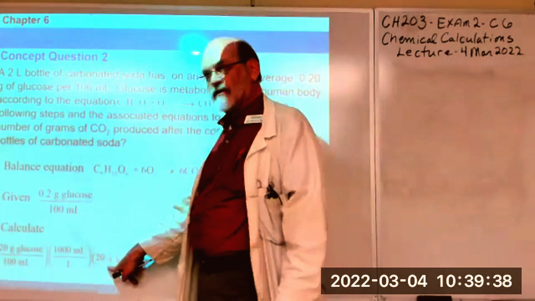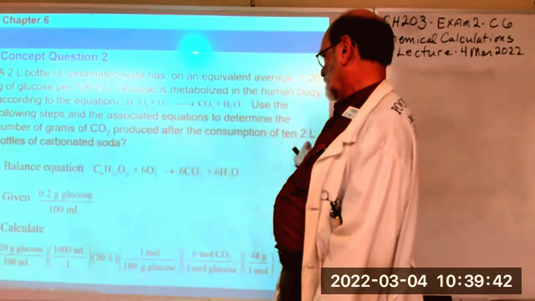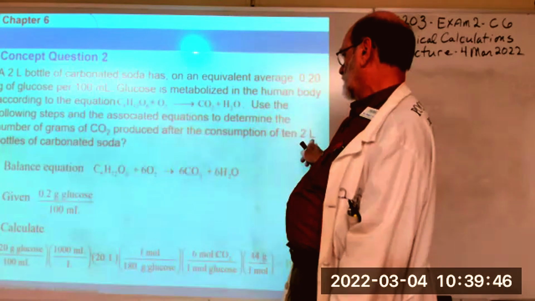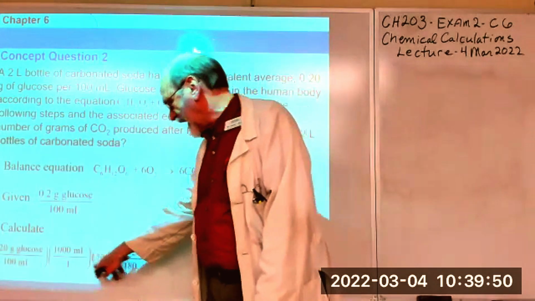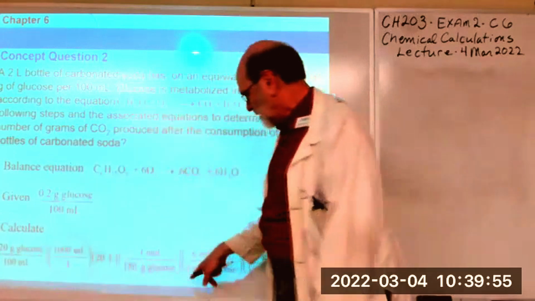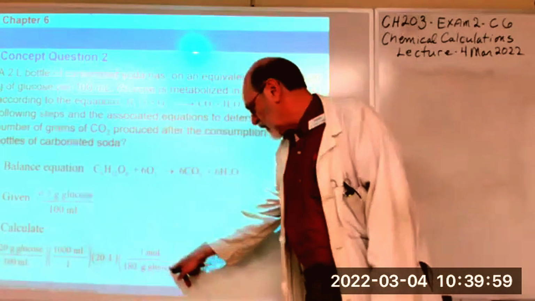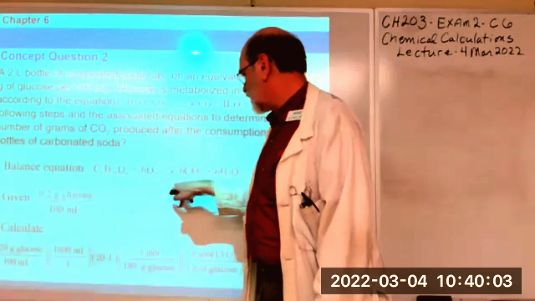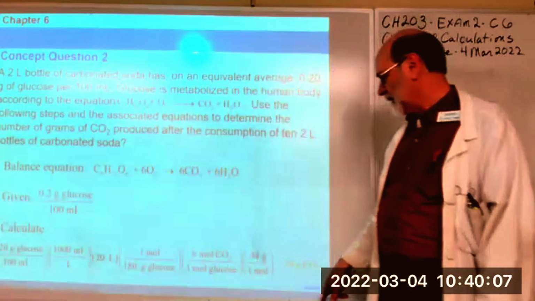And then this is how many liters, 20 liters, because we're 10 2-liter bottles, so that's 20 liters. Cancels the liters, that gives us grams of glucose. This is the molar mass of glucose. So that's moles of glucose. And moles of glucose is related to CO2 by 6 to 1. So there's 6 carbon dioxide for every mole of glucose.